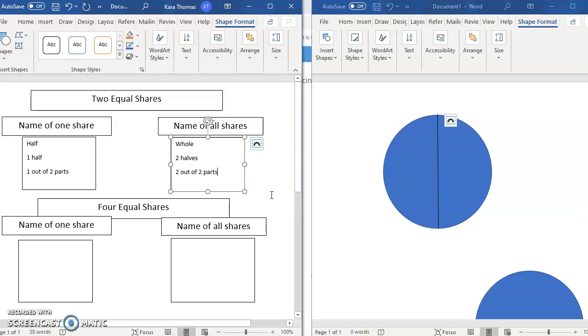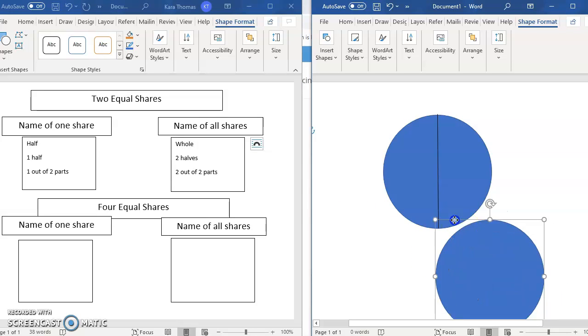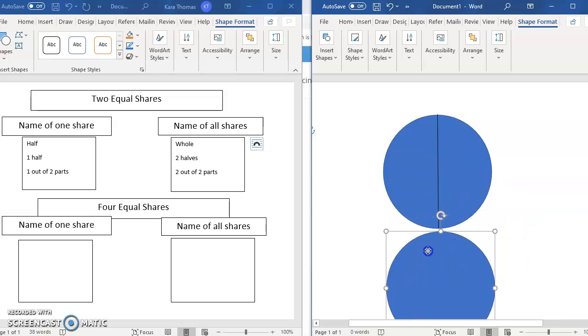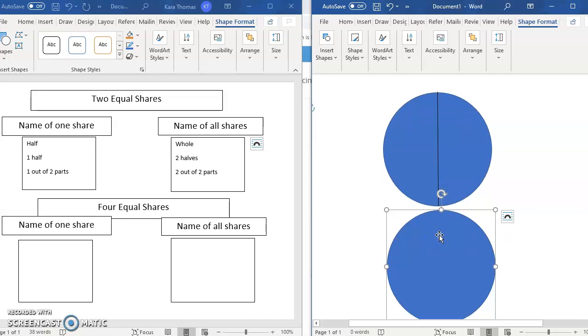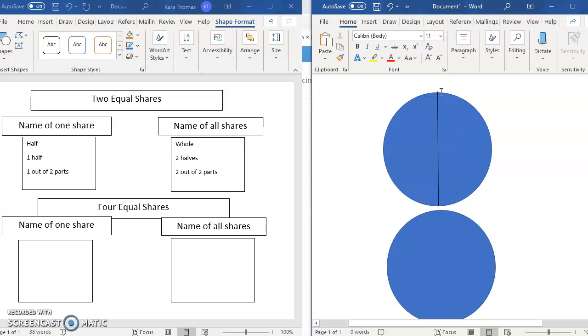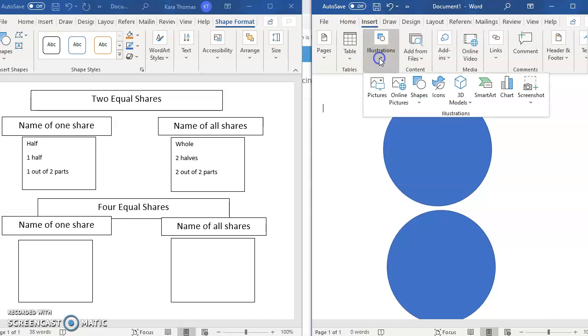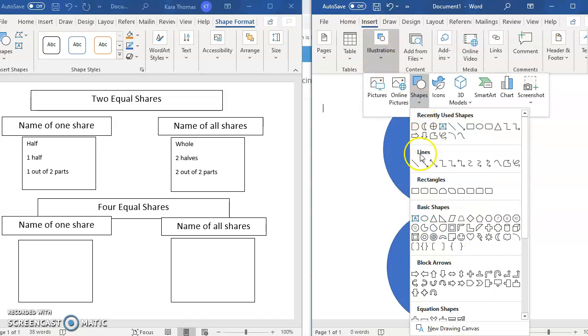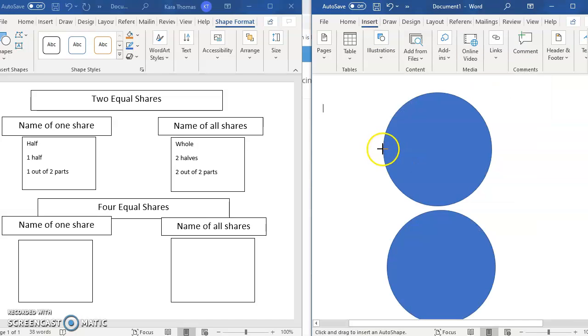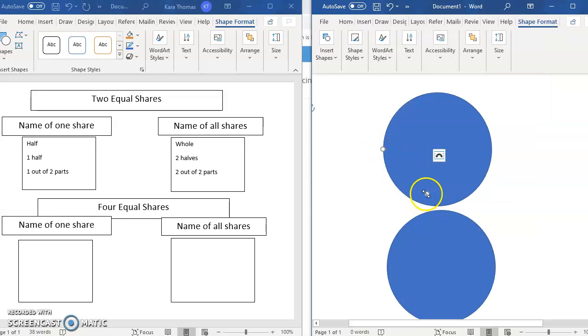Okay? We're going to do the same thing, only we're going to divide our circle into fourths. Oh, hold on, I wanted to share one other thing with you. If I have my line, I'm going to delete my line because I want to show you that it doesn't matter whether you divide your line up and down or you divide your line horizontally.